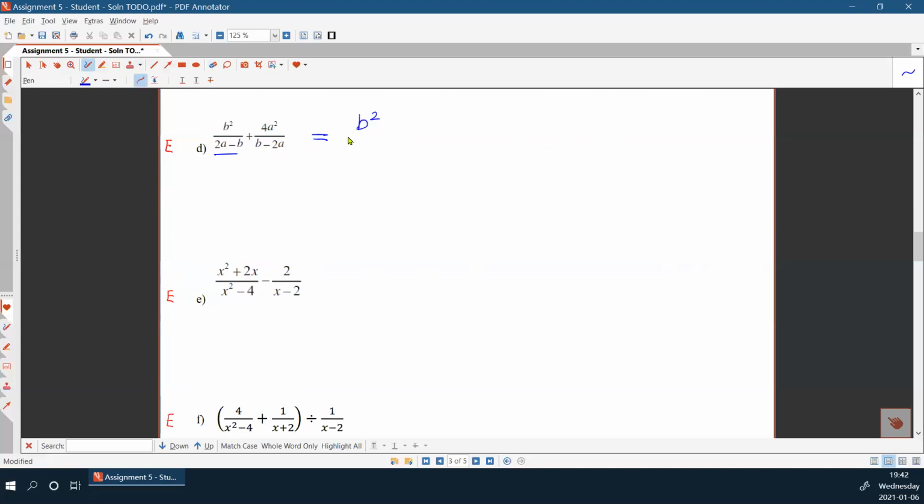Okay, first term b squared over 2a minus b. Second term minus 4a squared over b minus 2a, right? We can put the minus sign in front, right?